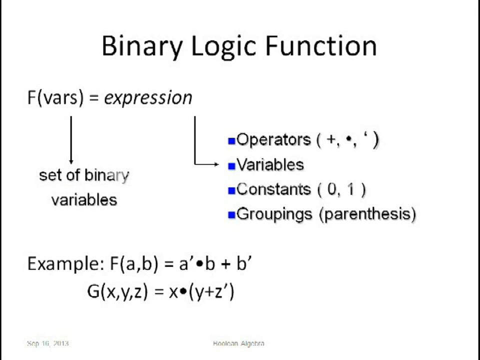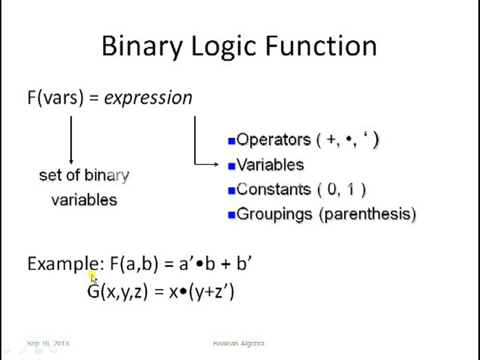And here the expression involves operators like plus, dot and complement. For now we call these operators plus, dot and complement, and we'll discuss the terminology that we use throughout this Boolean algebra. And it may also involve variables, constants like 0 and 1, and then parentheses.